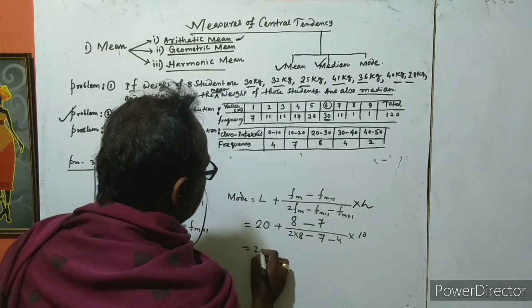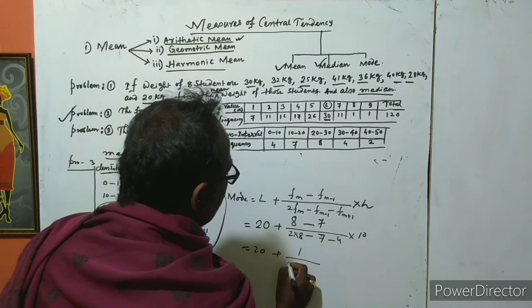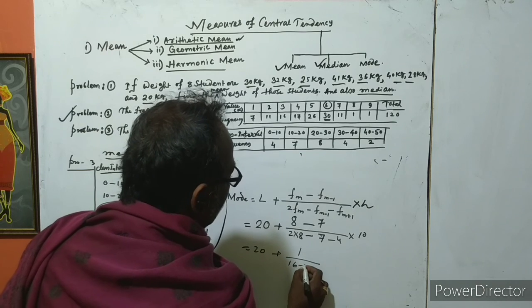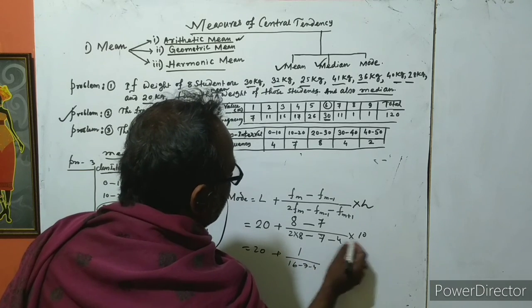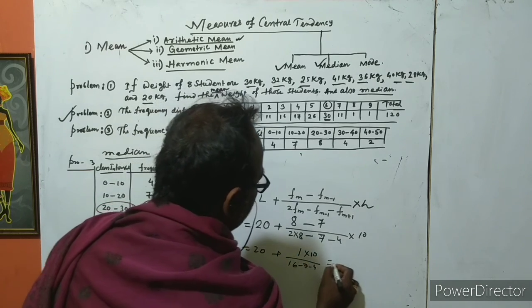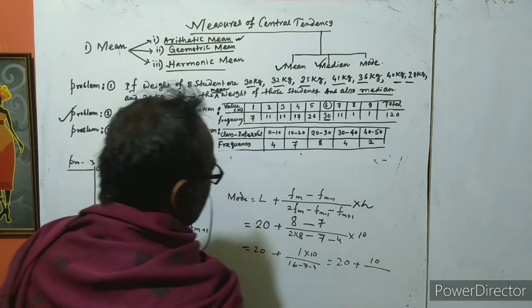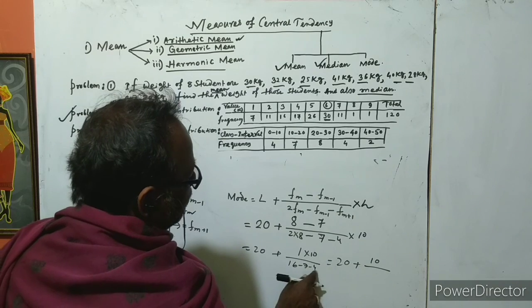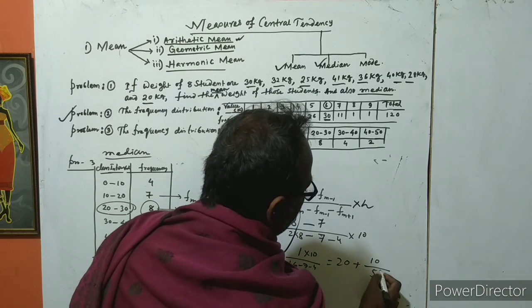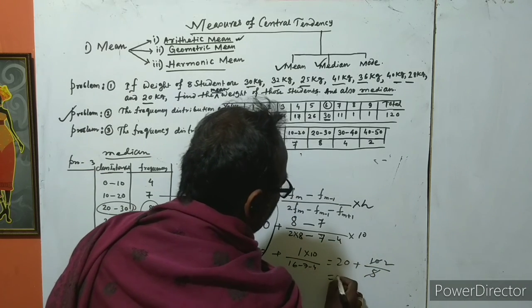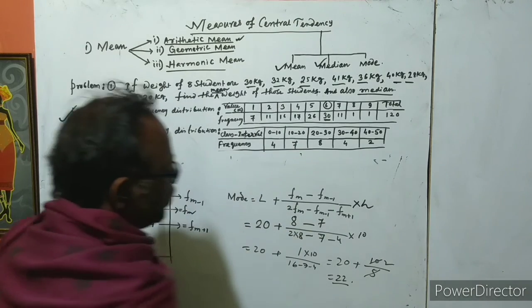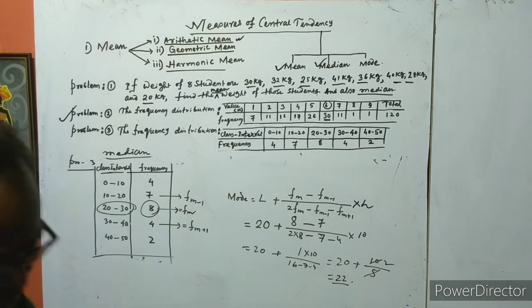So this is 20 plus 1 by 16 minus 7 minus 4, into 10. So you get 20 plus 1 by 5 into 10, which is 20 plus 2, so the mode is 22.